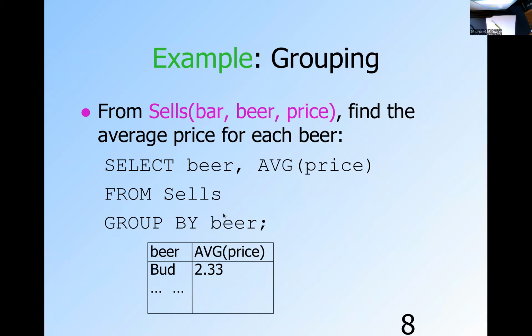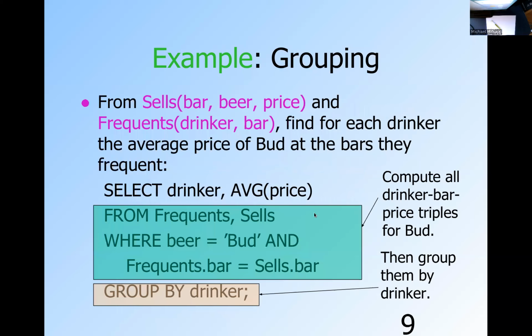So when we're grouping by beer, if there are 100 different beers, and assuming that none of them are null in the underlying sells table, then we'll have 100 different groups in the partition. Then for each of those, it will calculate the average price. So that's how grouping kind of works. But you have to play with it to get the hang of it.